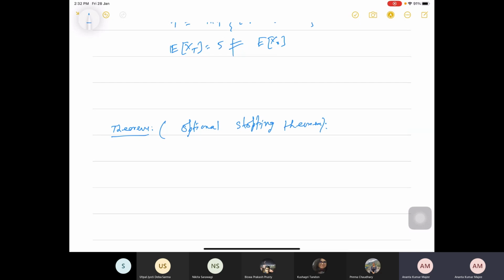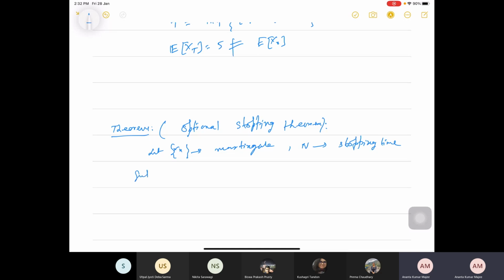What it says, let us first write down the concept. Let X_n be a martingale, and N a stopping time, always with respect to a given filtration.